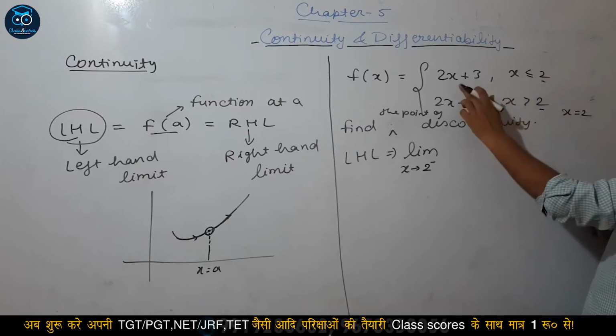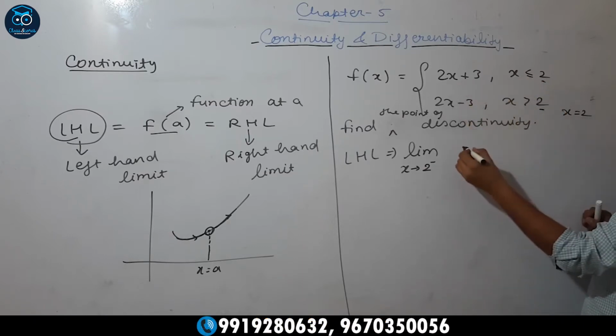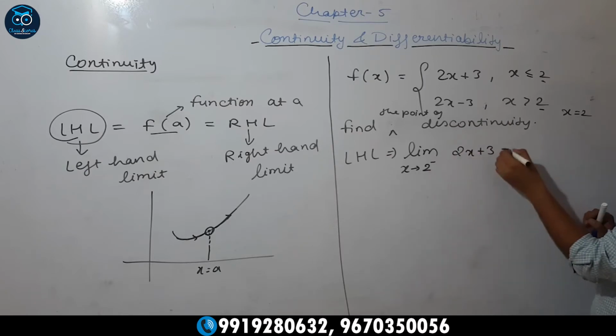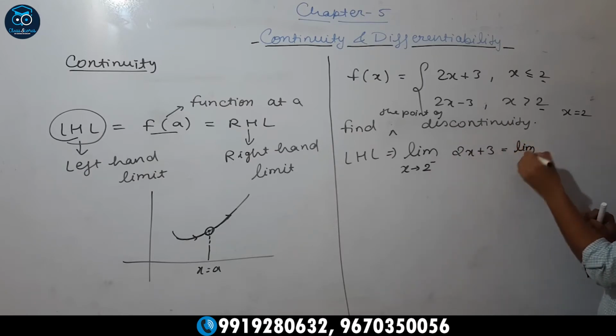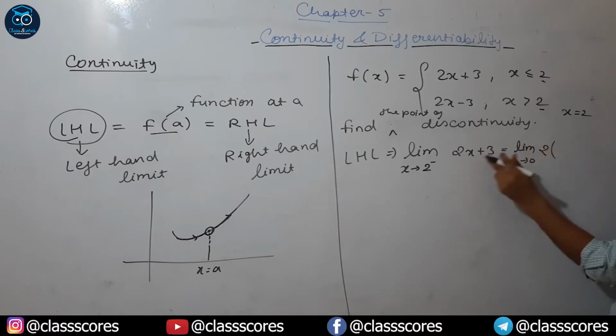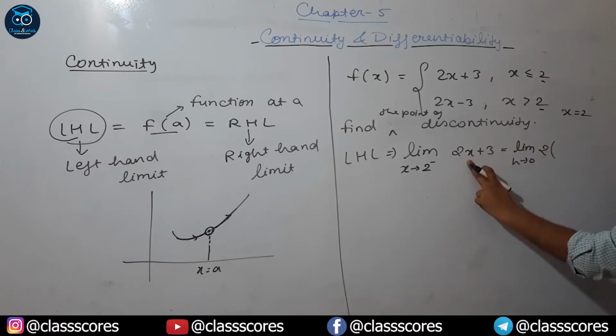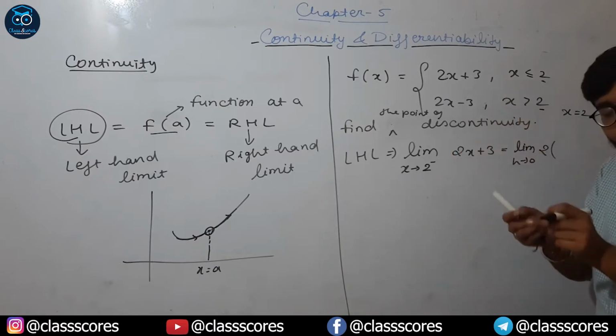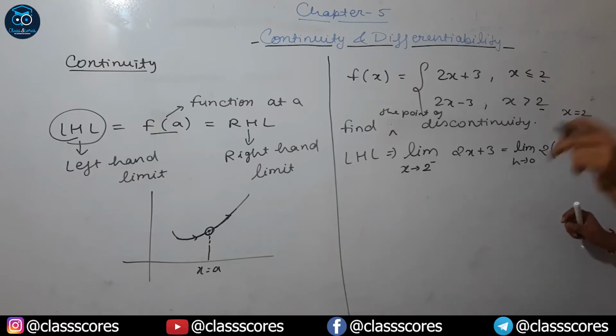For less than 2, this equation is valid, so we use 2x plus 3. Now convert the limit to 0, so h tends to 0, and x is replaced by 2 minus h. Why? Because we are subtracting something from 2, and that something is named h. So 2 times (2 minus h) plus 3.